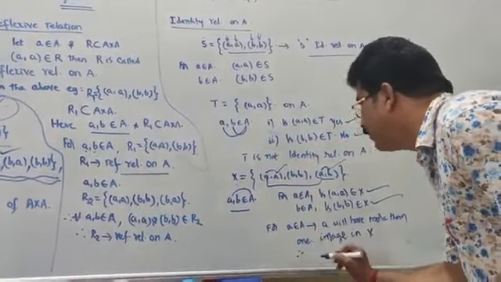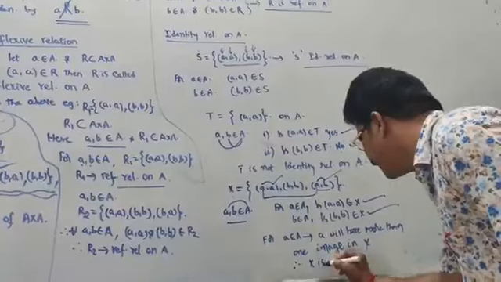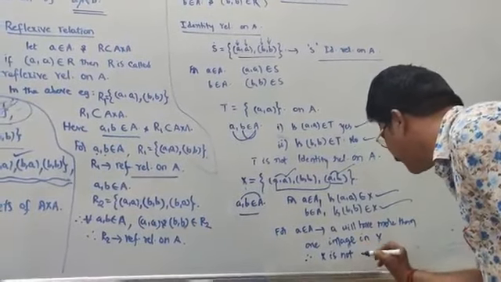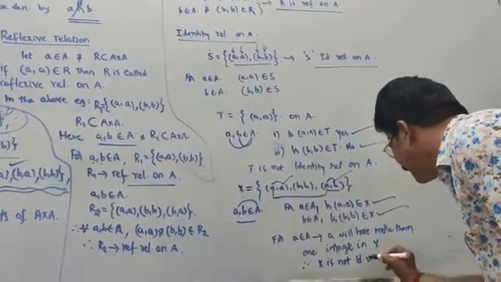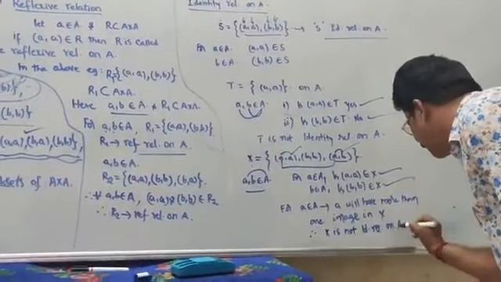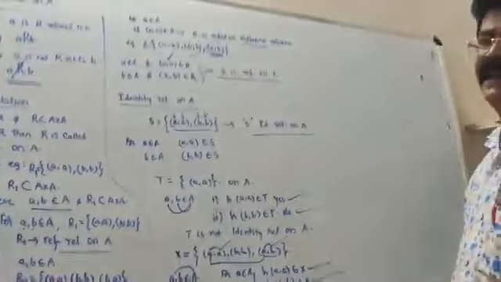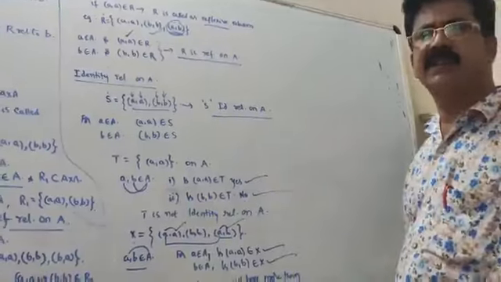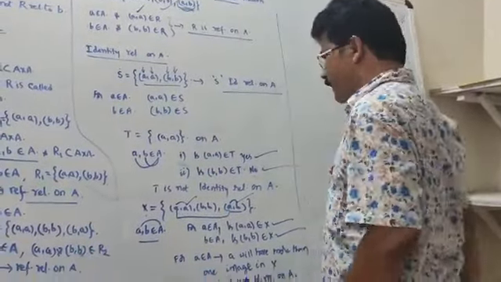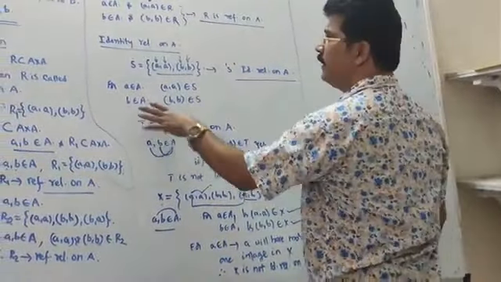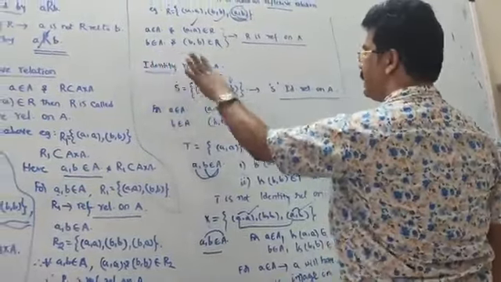Therefore, capital S is not an identity relation on capital A. So by all means, let us consider identity relation.